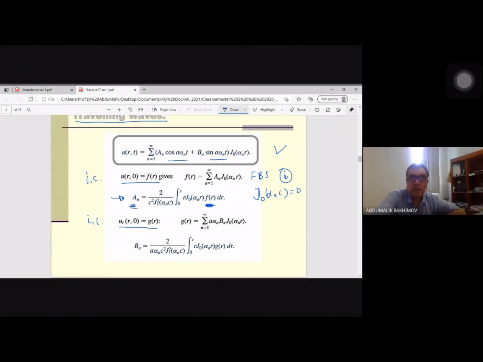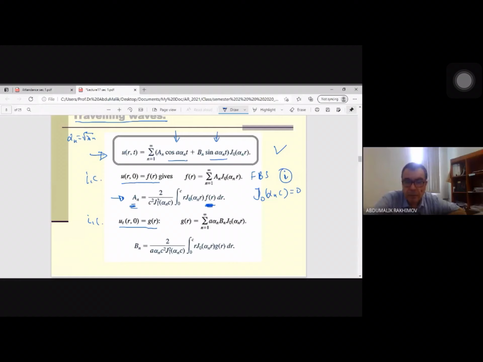We need to take the derivative of this function u, then substitute t equals 0. The derivative with respect to t of cosine will be sine, and sine 0 is 0. The derivative of sine is cosine, cosine 0 is 1, but from the derivative you will get an additional alpha n. Alpha n is the root of lambda n, right? Don't forget, I already wrote this.